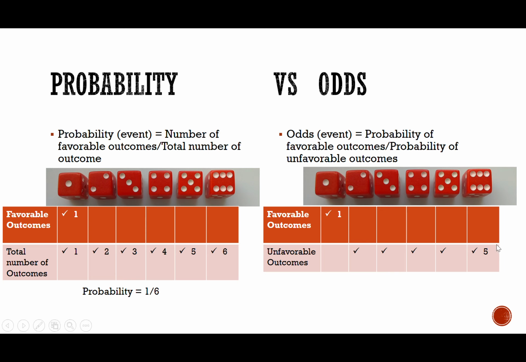So a total of 5 unfavorable outcomes. So the odds of getting 1 on a dice is 1 over 6 divided by 5 over 6, which is equal to 1 by 5. So now you see the difference between probability and odds of getting 1 on a dice.